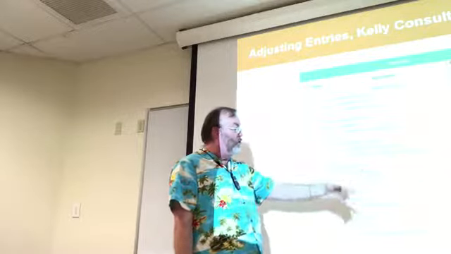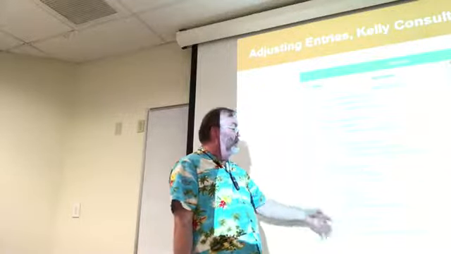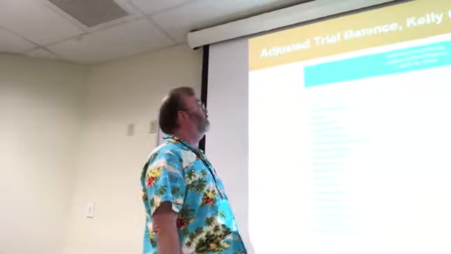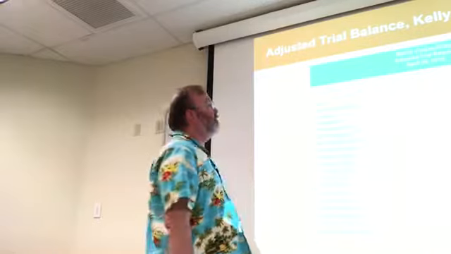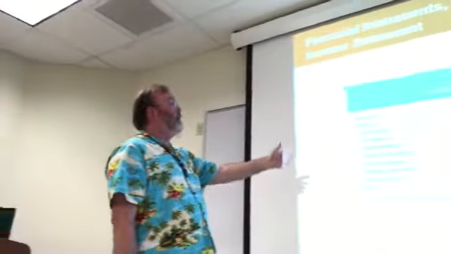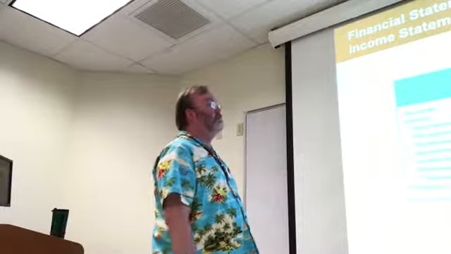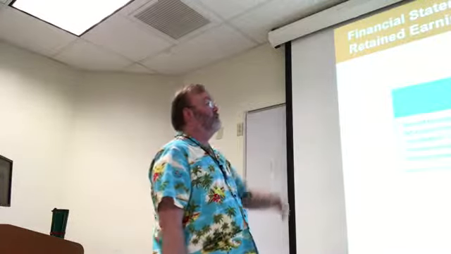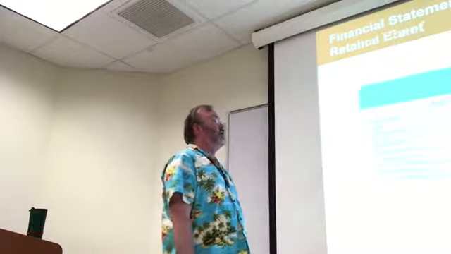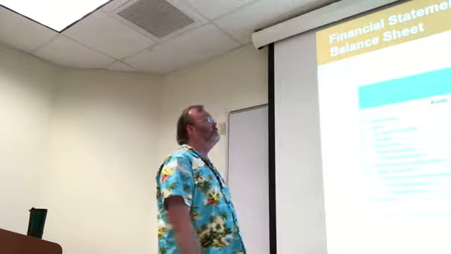We've earned this $2,500 in fees, and we need to lower the liability and take that to the income statement. That gives you your adjusted trial balance. Income statement, calculating net income, flows to the statement of retained earnings, and ending retained earnings flows to the balance sheet.